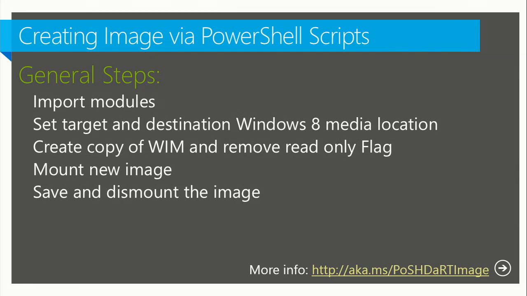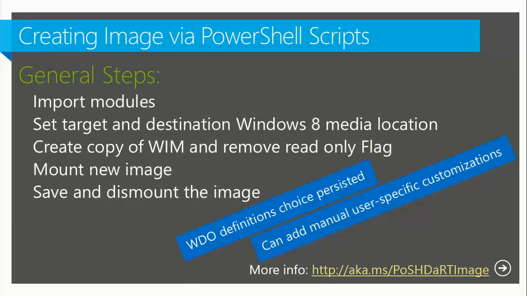So this is what the PowerShell script does that we're going to give you. It does a lot of cool things. The key things that I want you to take out of this, though, is that the options you choose to create the PowerShell script are persisted. So if you choose, I want to update my WDO definitions, then every time you run that PowerShell script, you'll get the latest definitions that are available. The other thing I want you to take away is that you can go into that PowerShell script.